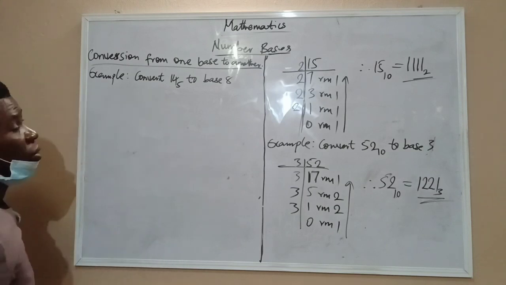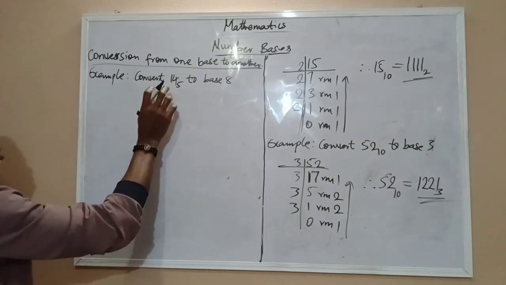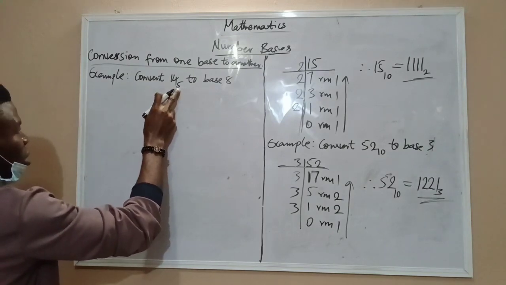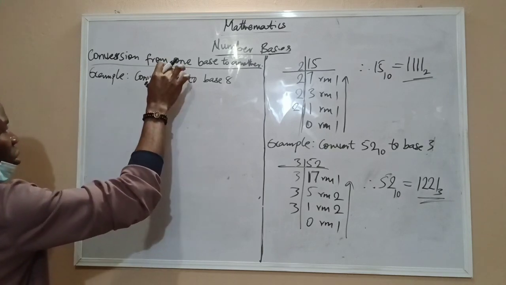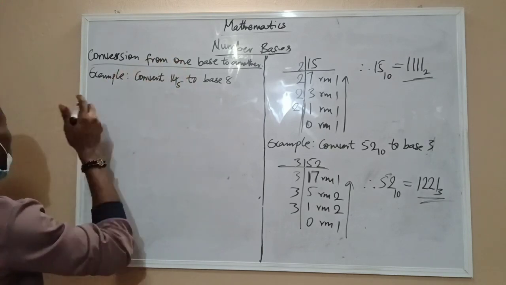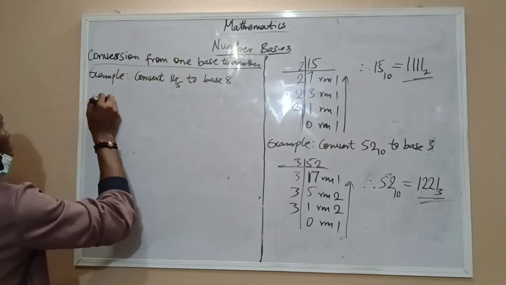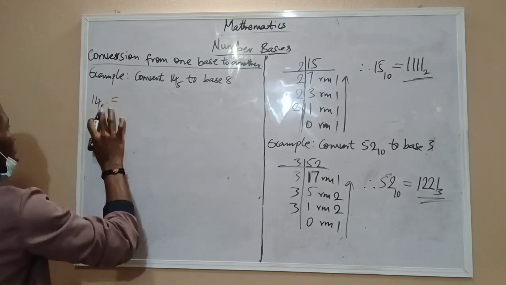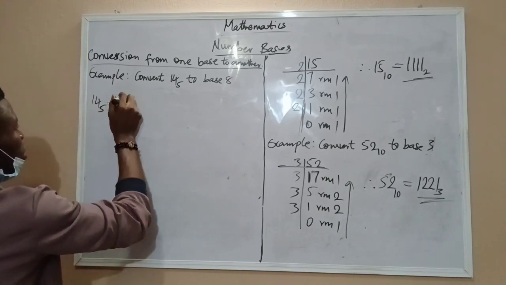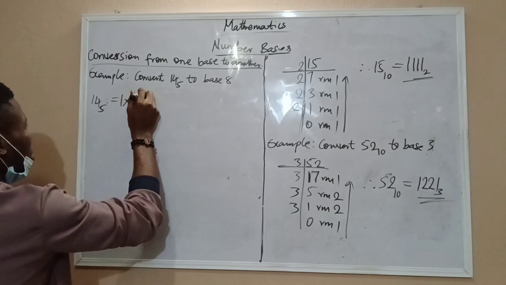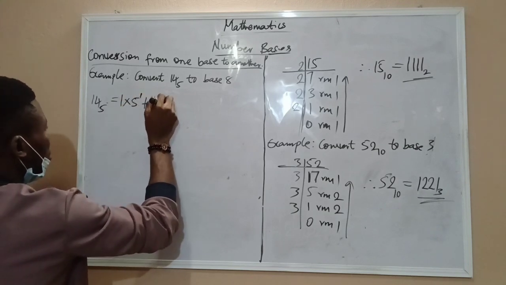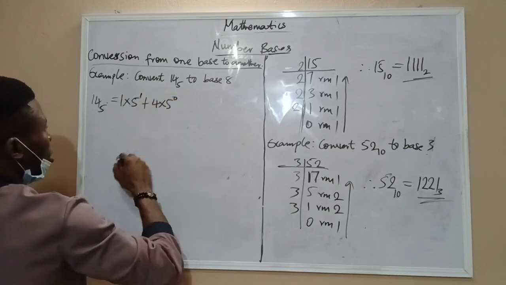And of course, we know how to convert from one base to base 10. You multiply the base with the number. The first one is raised to power 0, then raised to power 1. So we have 14 in base 5 is the same thing as 1 times 5 raised to power 1 plus 4 times 5 raised to power 0.